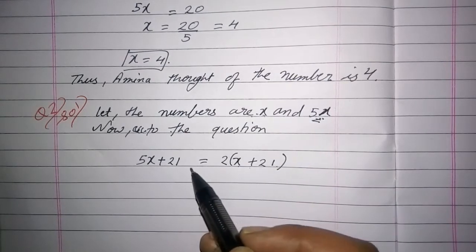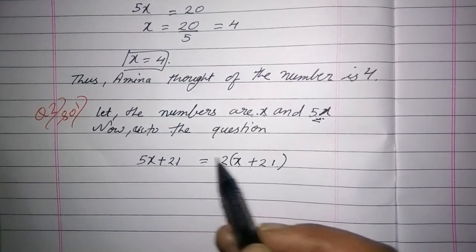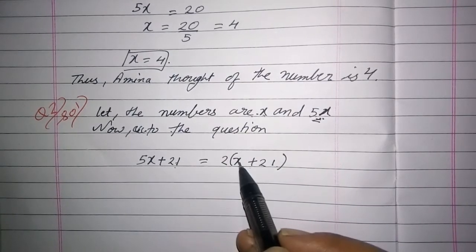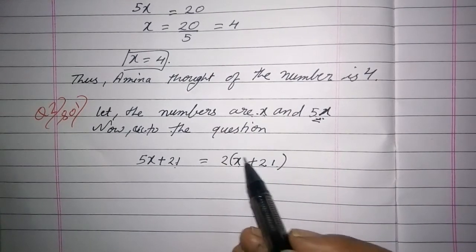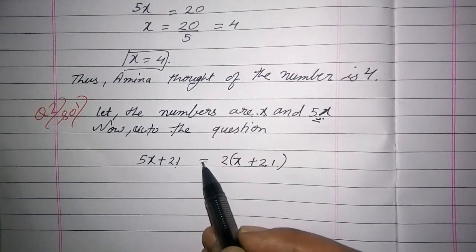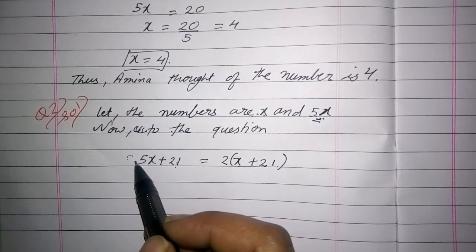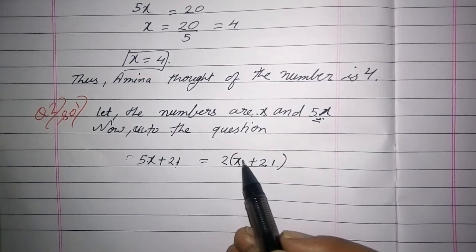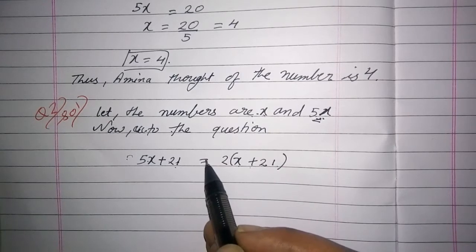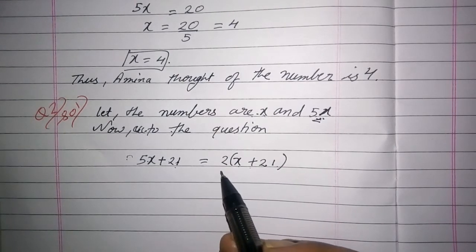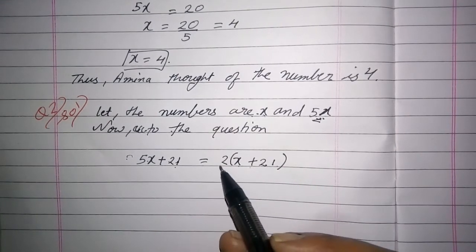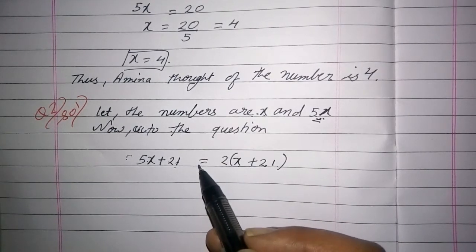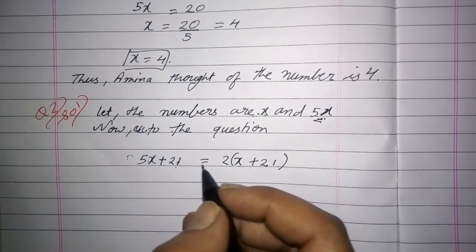So this is the greatest between these two numbers. If we add 21 to 5x and to x, then also 5x plus 21 is greater than x plus 21. If we multiply 2 to 5x plus 21, then again it is greater than x plus 21. And we are using the equal sign because this is an equation question, so we have to make LHS and RHS equal.